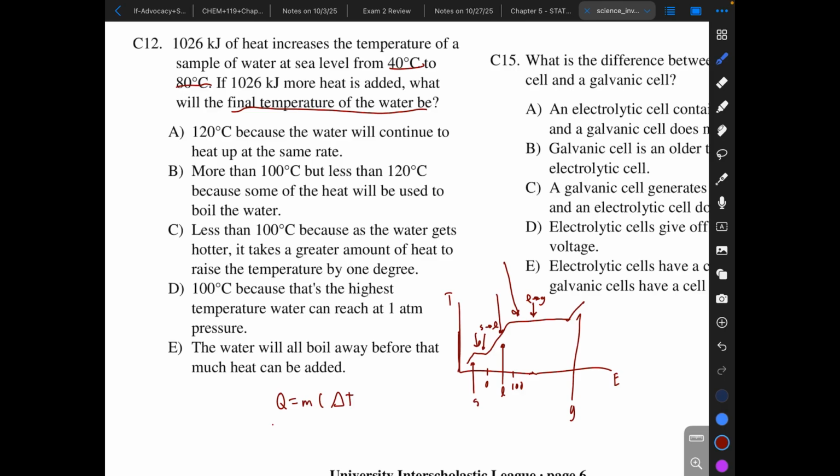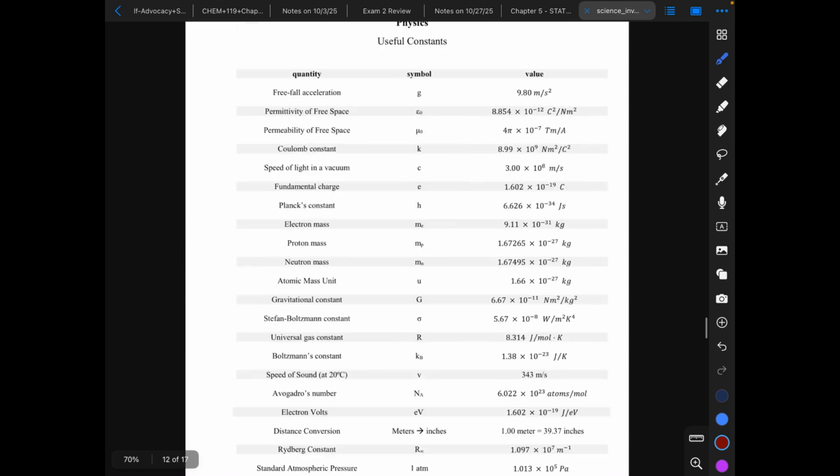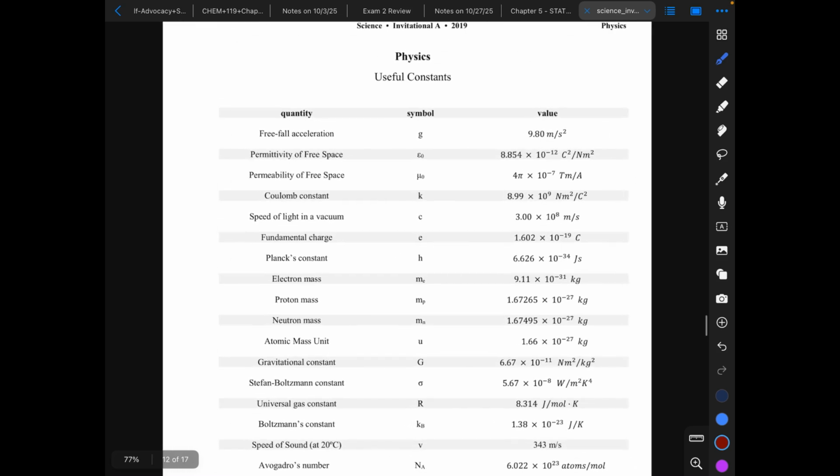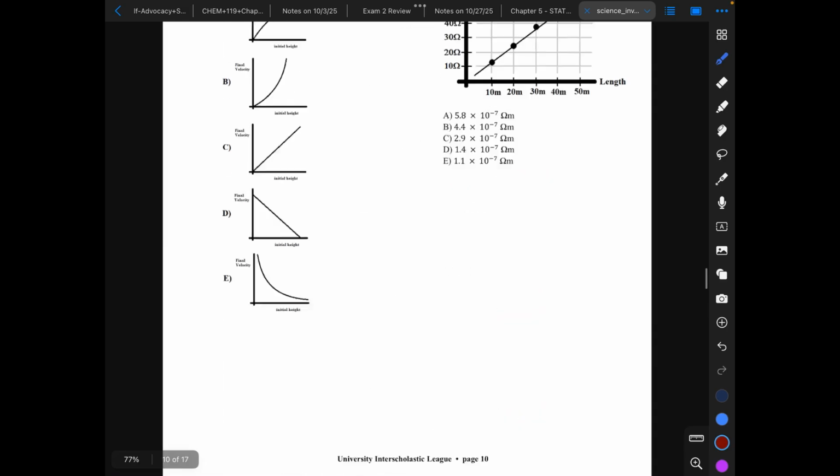So, in this case, we know we have 1,026,000 joules. The mass we don't know. The specific heat of water is given to us here, 4.184.